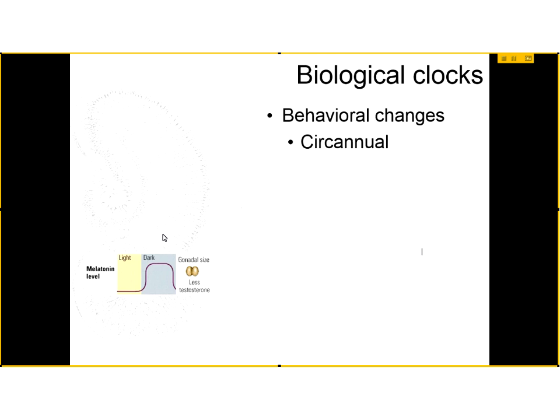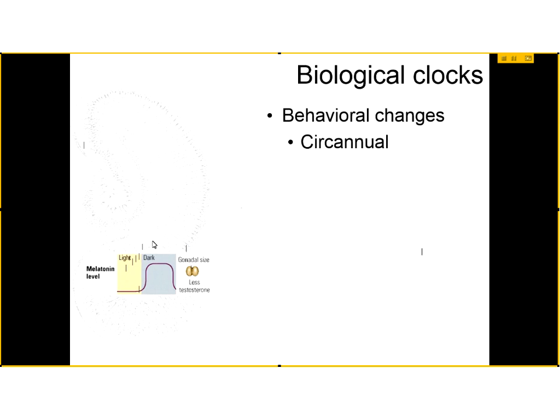For example, if we look at hamster mating over the course of the year, hamsters only mate at certain parts of the year, related to an abundance of certain food resources. During the more wintery part of the year, where there's more dark, there's an increase in melatonin levels in the hamster.